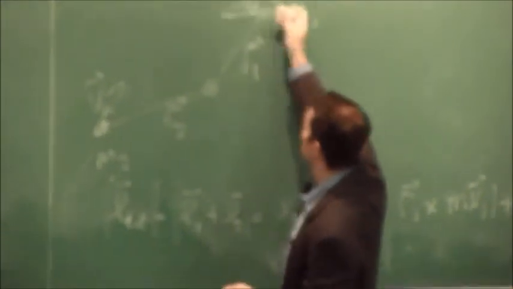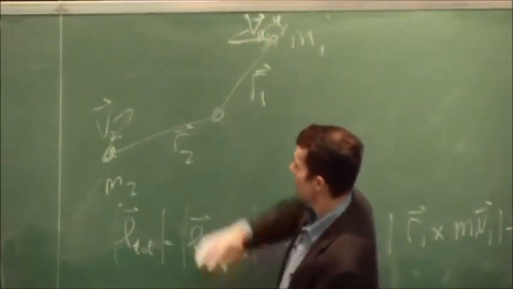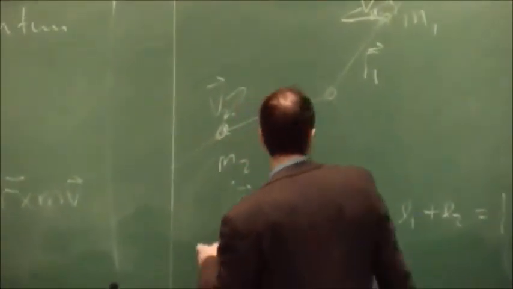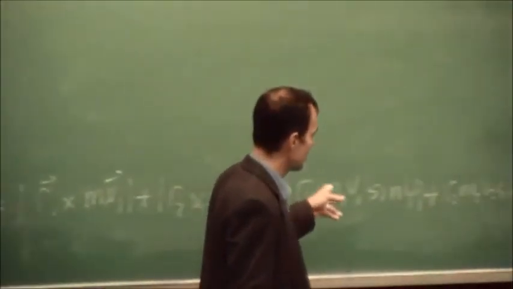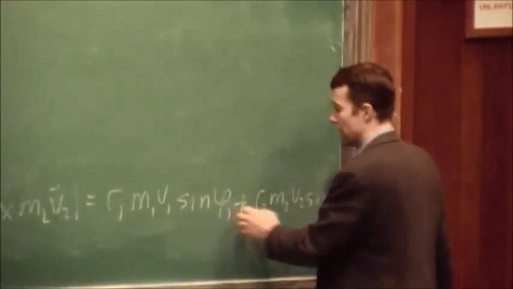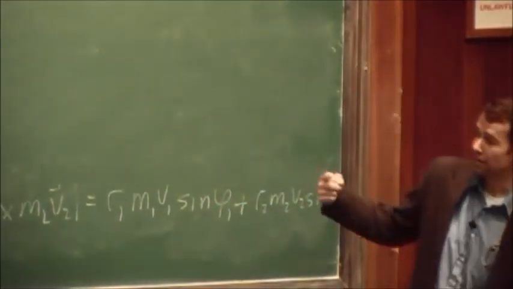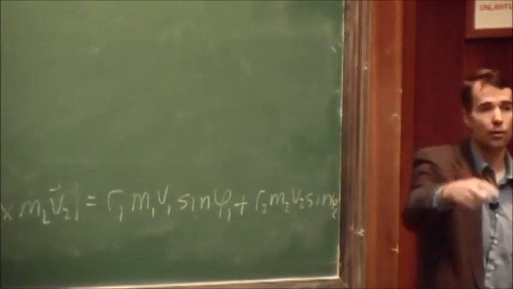But since the second one is going back like this, with the angle between them here, we just need to be careful how we write these angles, and that will show that one is positive and one is negative in terms of an axis that comes in and out of the board.